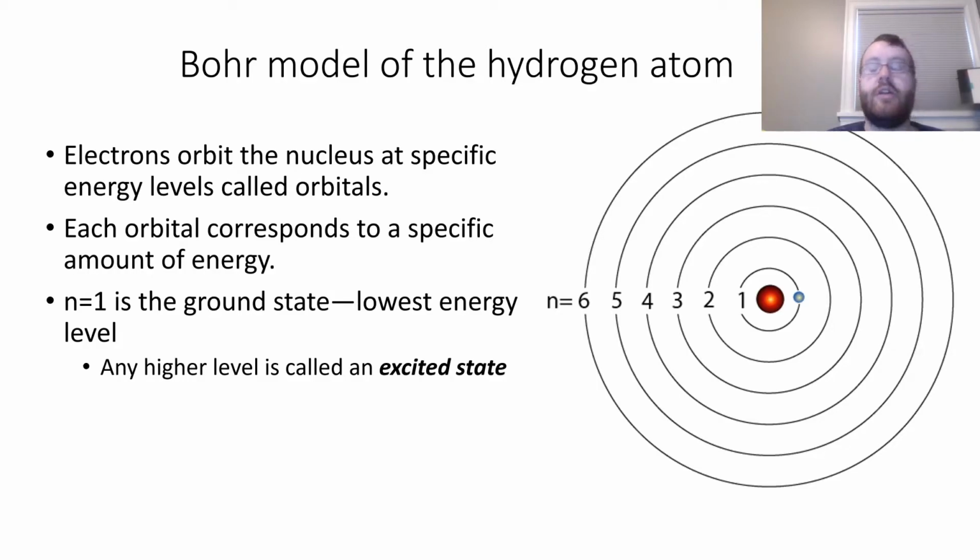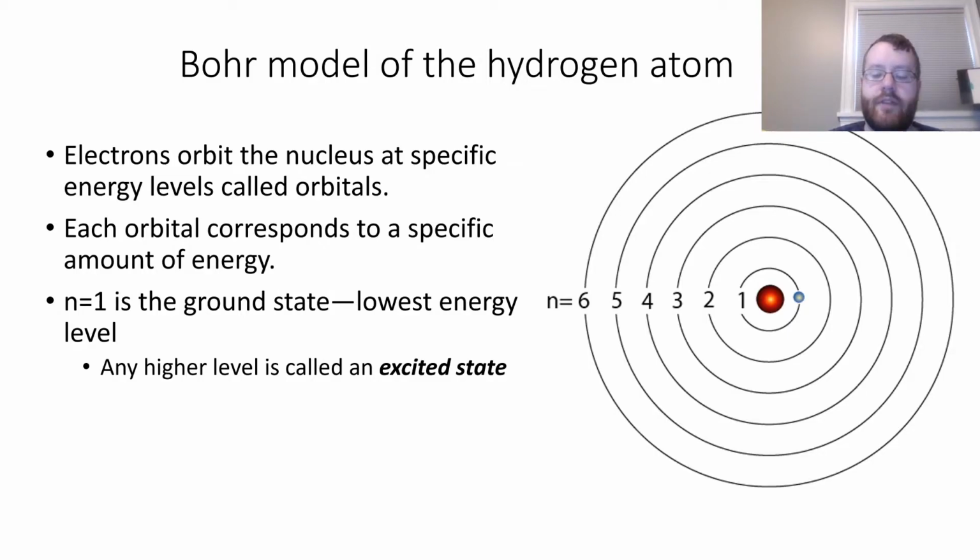Under his idea, he has the electrons orbiting around the nucleus in set paths, which are referred to as orbitals. Each of these orbitals corresponds to an exact energy, depending on what atom it is. It could be very different energies for each different atom. And then we have a couple of notations here.